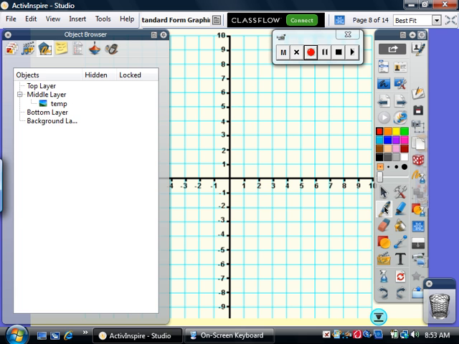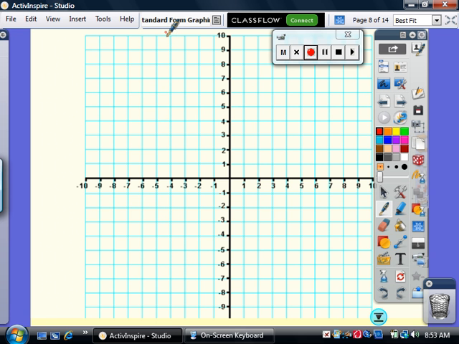Rid of you one way or the other. Alright, let's try this one. Find the slope, the x-intercept, and y-intercept.